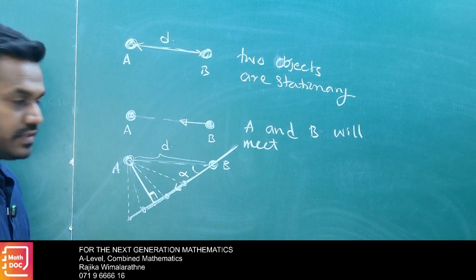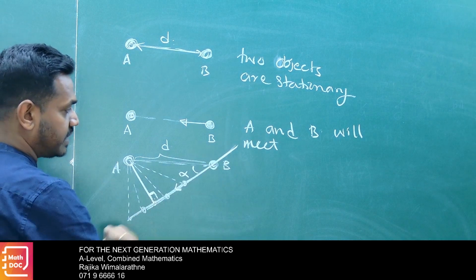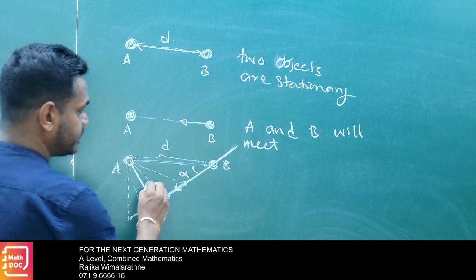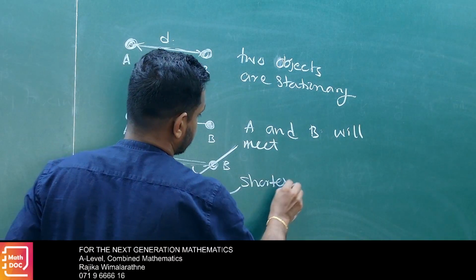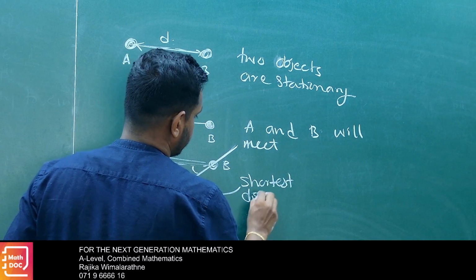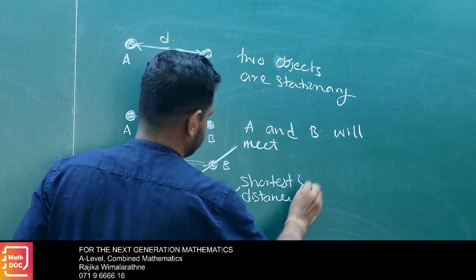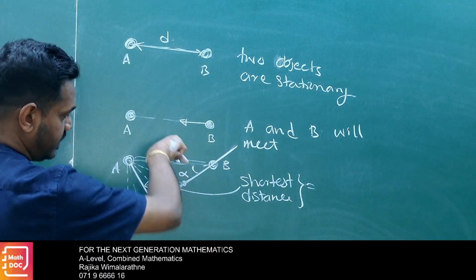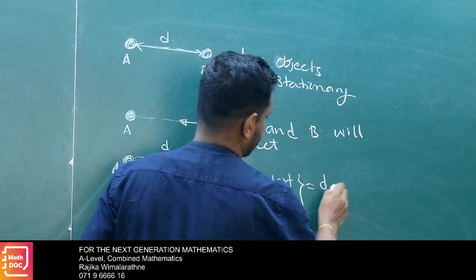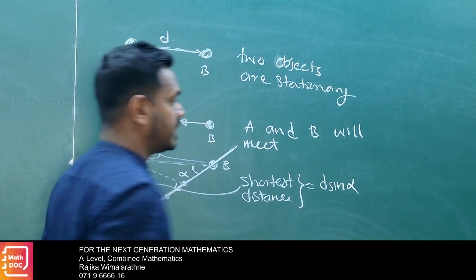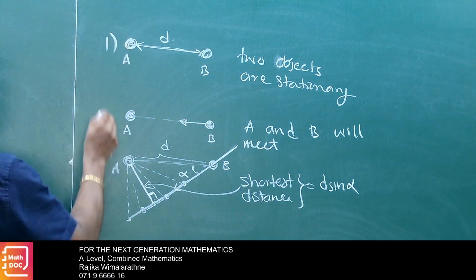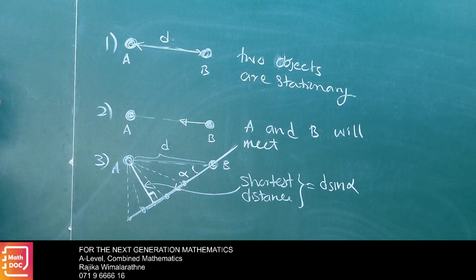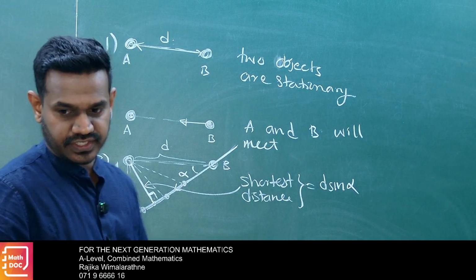Okay. Then you have to sketch the perpendicular to this path, no? Then this is what we call the shortest distance. Here this is d sin alpha. So one object is moving. So here first case, second case, third case. Okay, that is the shortest distance.